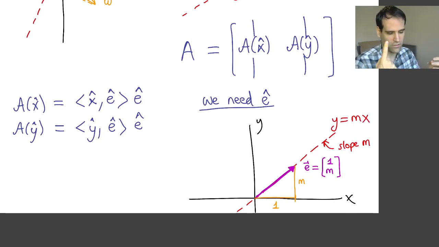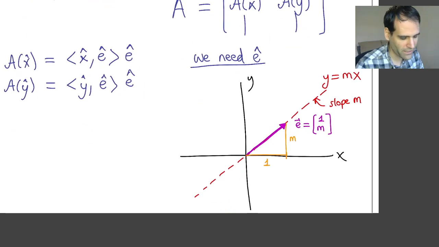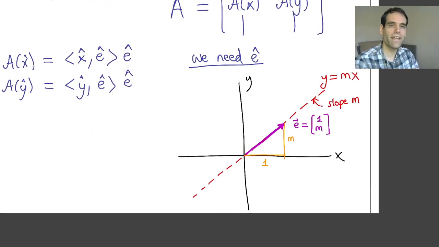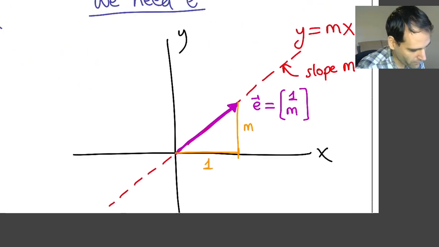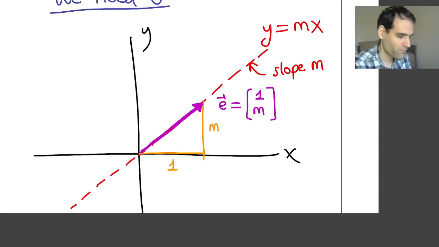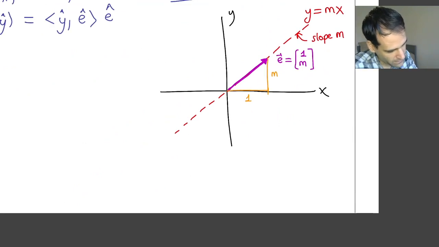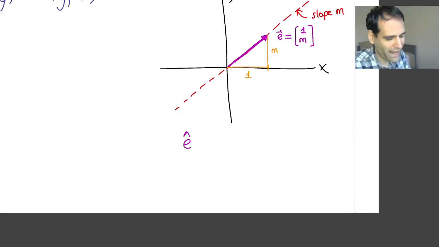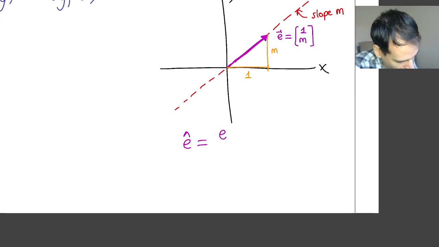In this case, the basis is only one vector because we are working with a line, but it has to be orthonormal, meaning that the norm of vector e has to be 1. We have a vector whose norm is not 1, so let's find vector e hat, the normalized version of this vector e that we found. How do we normalize a vector? We divide by its length.